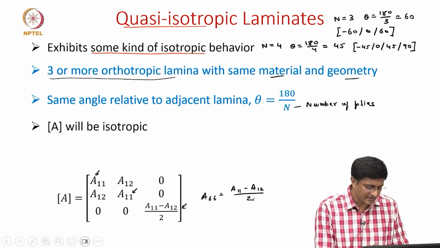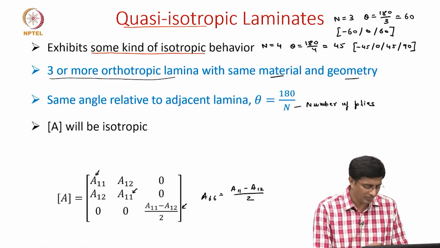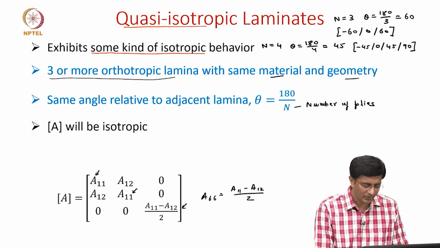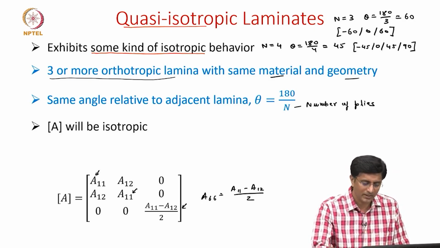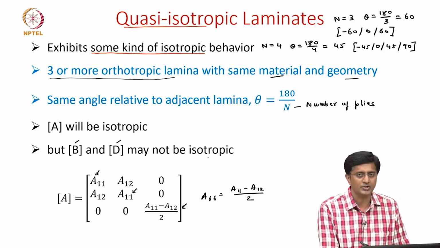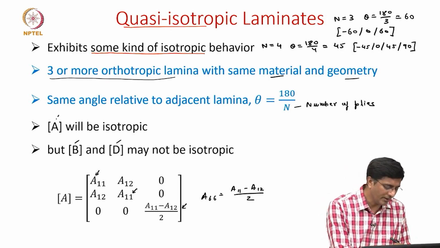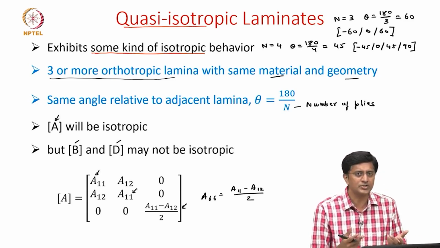If you recall, this is exactly the form of a stiffness matrix we had for an isotropic material, where the diagonal terms Q11 and Q22 are the same, and Q66 is written in terms of Q11 and Q12. That's the reason why we say it is isotropic in the plane. But as I already mentioned, the B matrix and D matrix may not show any isotropy. We only call it quasi-isotropic because of this A matrix showing this isotropic form, and there are applications when this is of use.